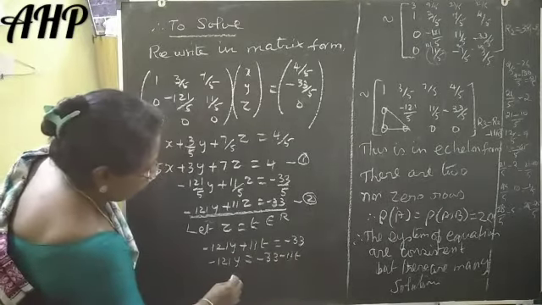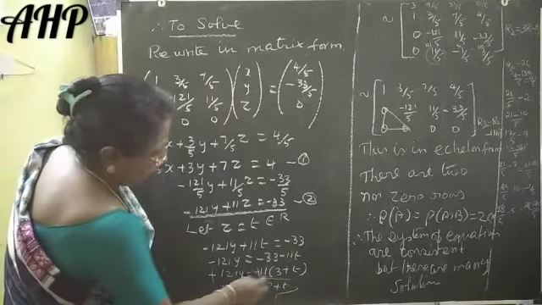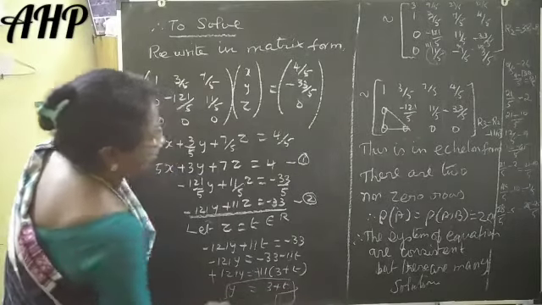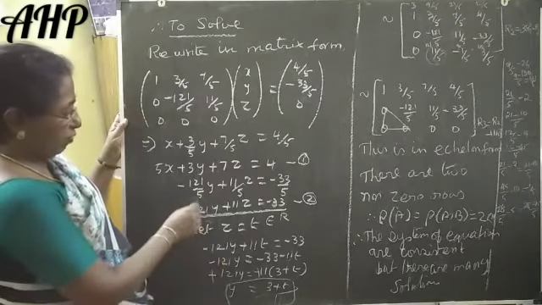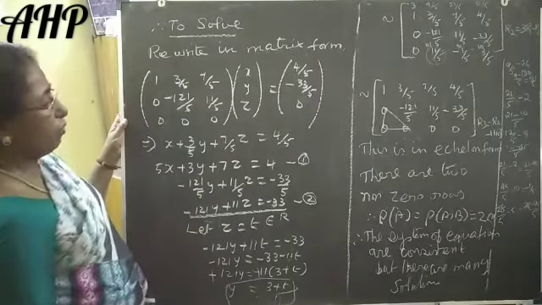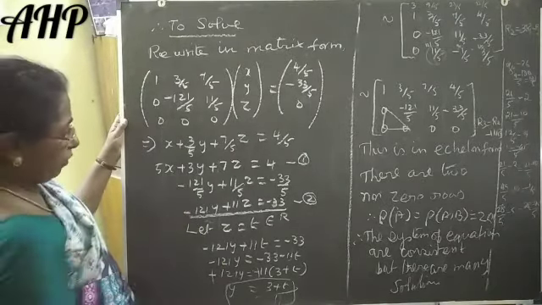So, this minus 11 can be taken outside: 3 plus t. 121y, minus gets cancelled. y is equal to 3 plus t divided by 11. 11 you can cancel on either side. So, you get y is equal to 3 plus t divided by 11. Substitute the y value in the first equation. You can find out the value of x.